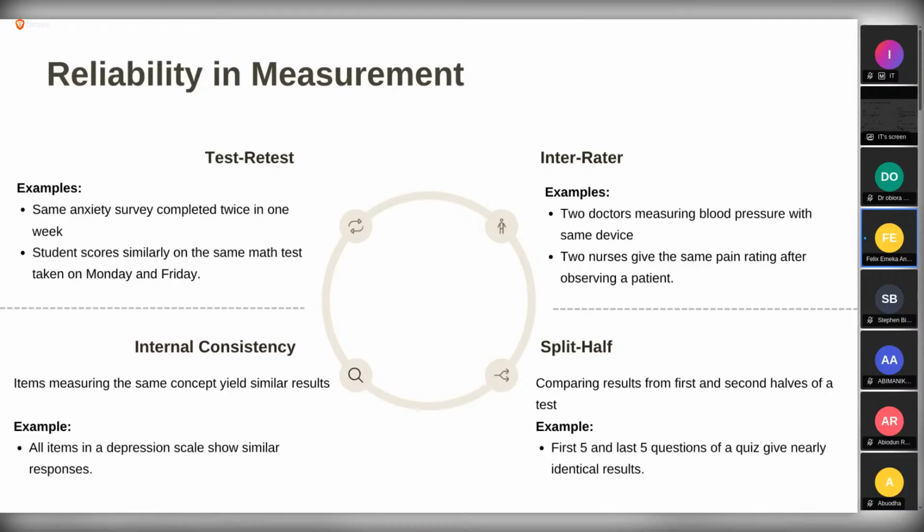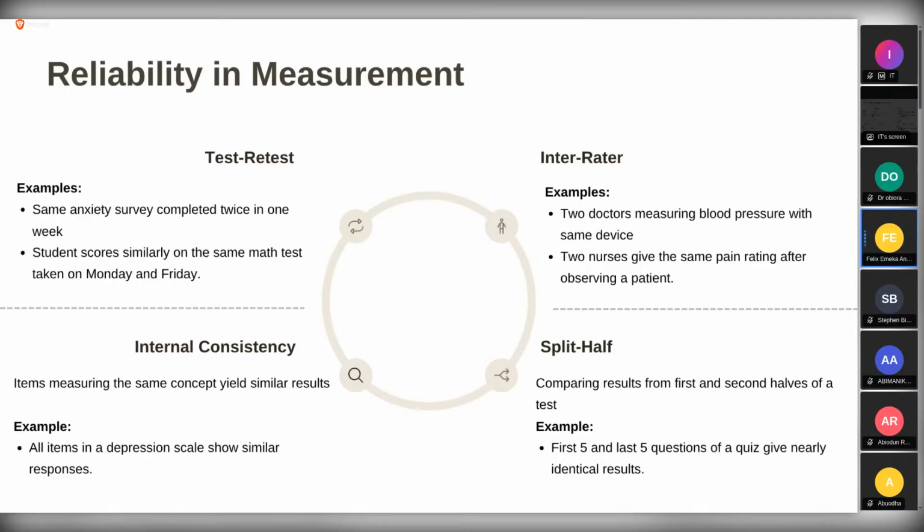The other one, which is the split-half, is where you compare the first and second results. Probably you have like 10 quiz questions. You test the first 5, then later you test the last 5 of that quiz, because this is almost like what I described before.